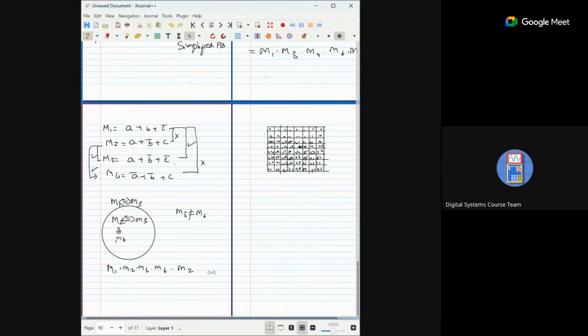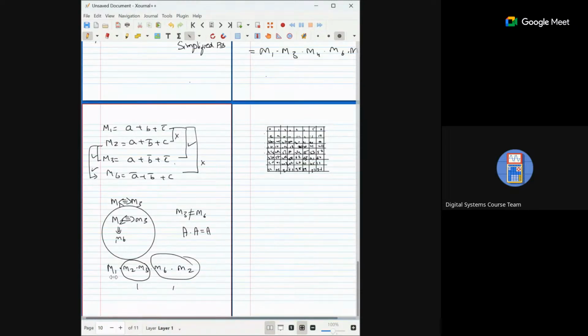Is there any change in your application, or does the functionality change? It's the same functionality, because ANDing the same element with itself gives the same element only. So I can group these two together and these two together, and finally I reduce one literal from each term.